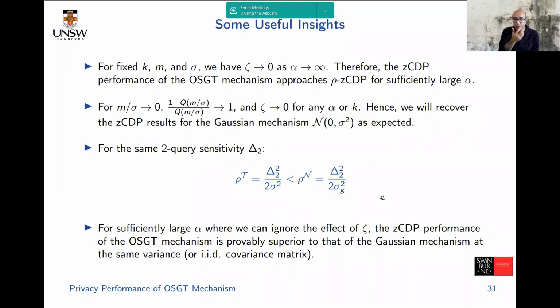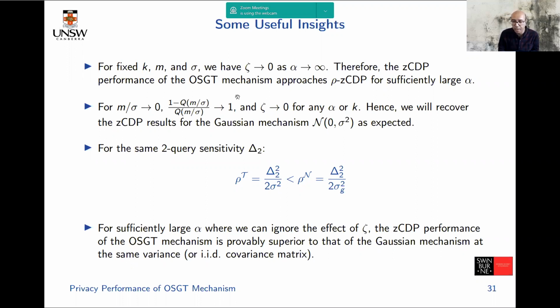So in fact, for sufficiently large alpha, when we can ignore the effect of zeta, the zCDP performance of OSGT is superior to the Gaussian mechanism at the same variance, or covariance matrix for multi-dimensional queries.